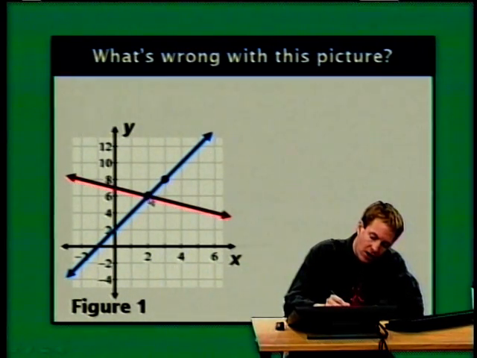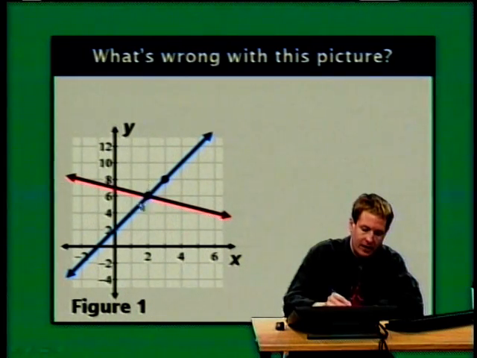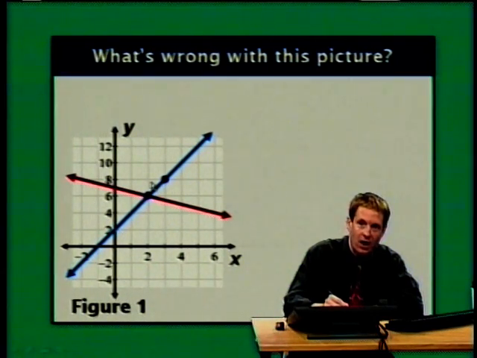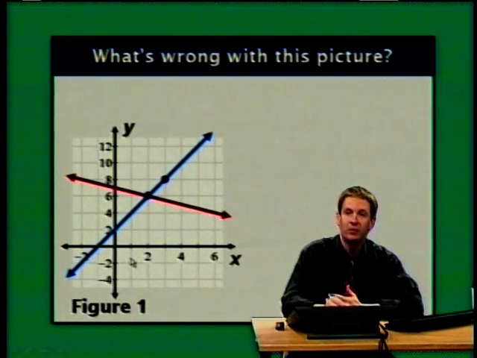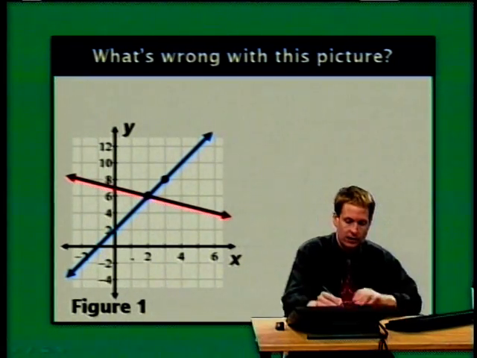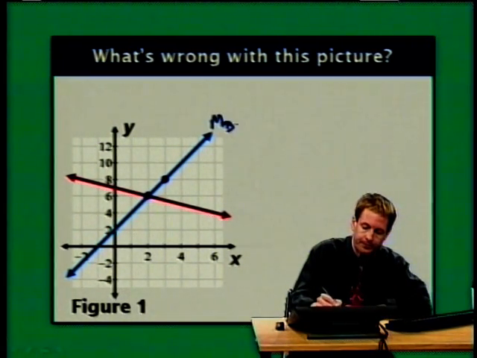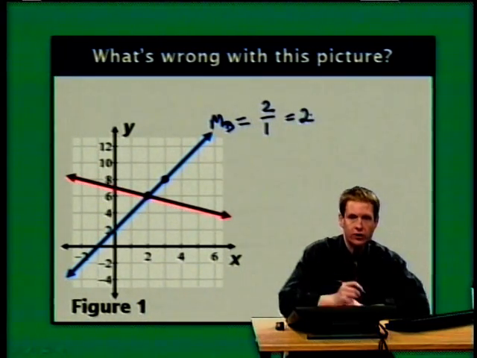When I affect a rise of 1 box, since the vertical scale is 2, that's actually a rise of 2. When I affect a run of 1 box, since the scale on the x-axis, the horizontal axis, is 1, that is a run of 1. So all put together, the slope of the blue line is 2 over 1, which is 2.